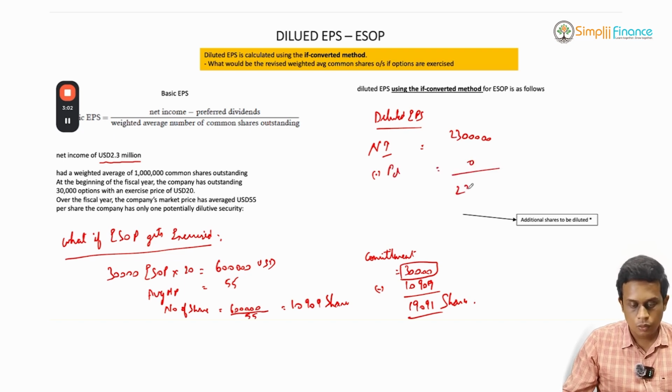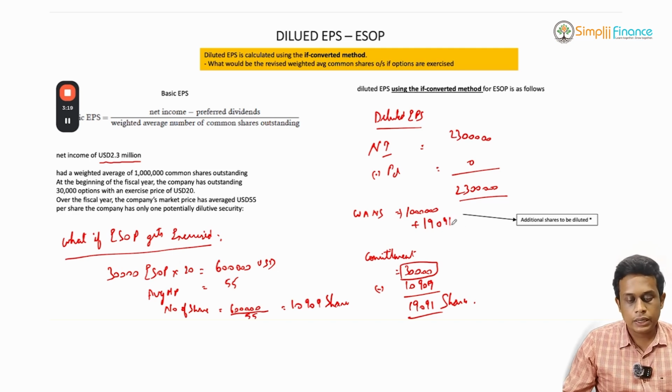So the numerator is still the 2.3 million, and the weighted average number of shares is going to be 1 million plus these 19,091 shares.